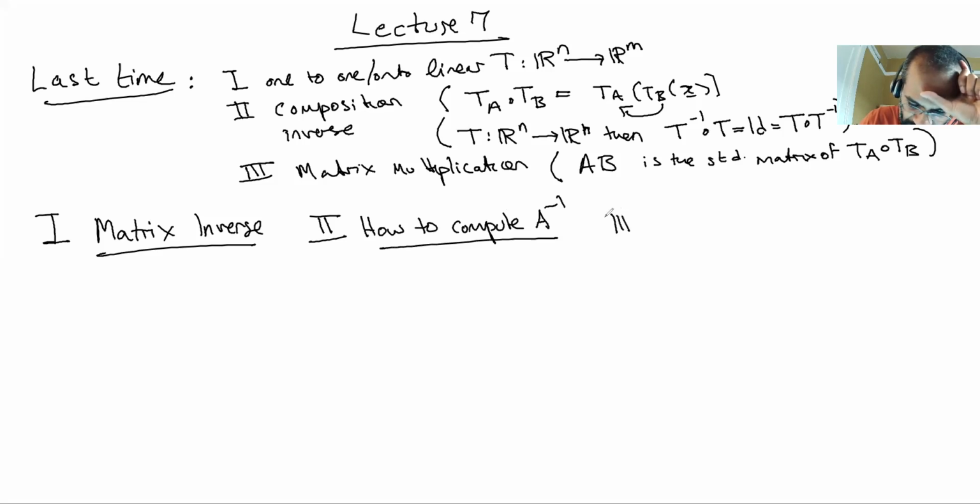And then finally, I'll introduce a new operation on matrices, which is very important, called the determinant, which is closely related to the inverse. We'll be mostly using it after the midterm, but I'll just go over it now. Okay, so let's get started.